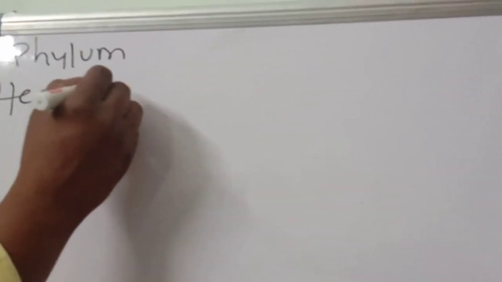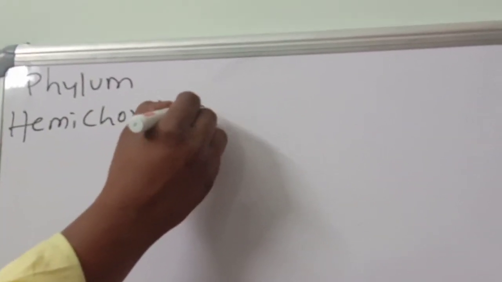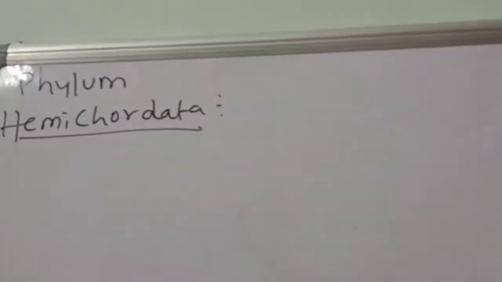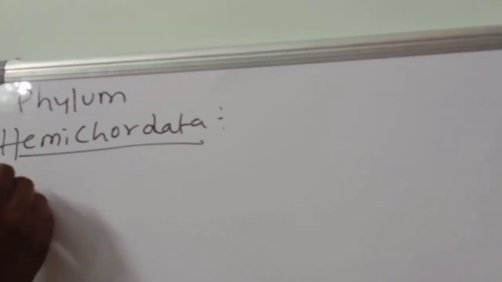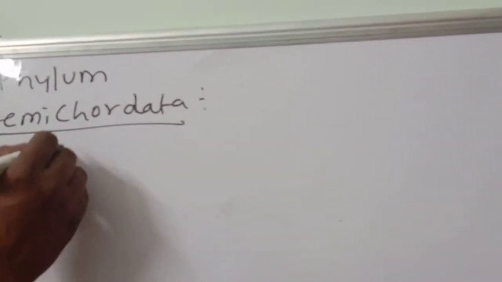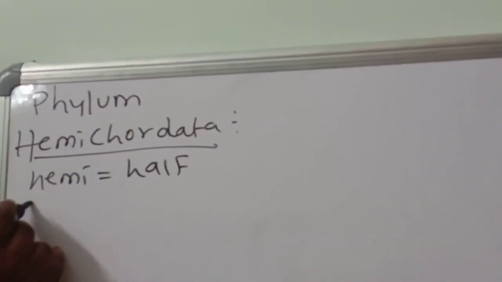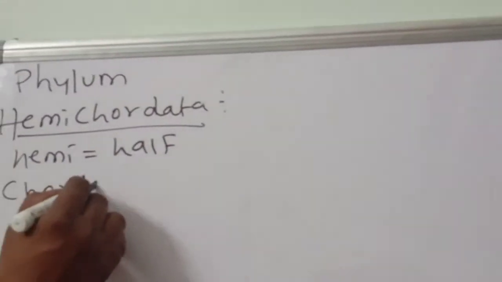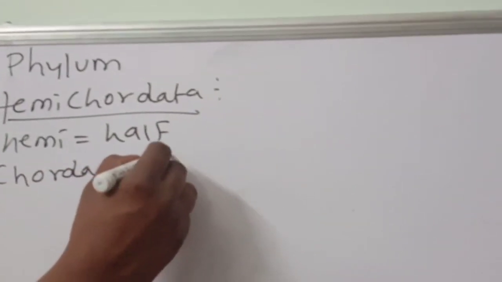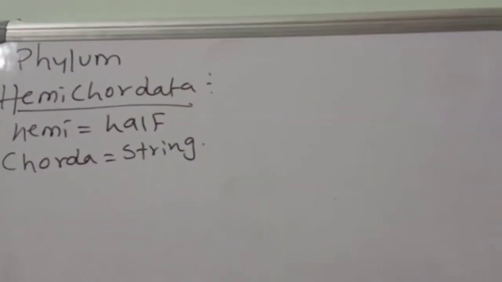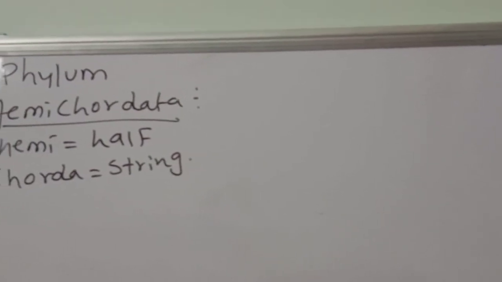Hemichordata means half. Hemi means half, and chorda means string. Half string. That's why we call it Hemichordata.